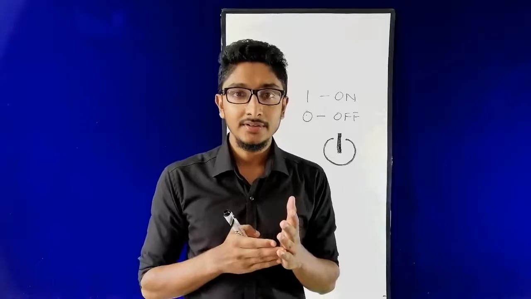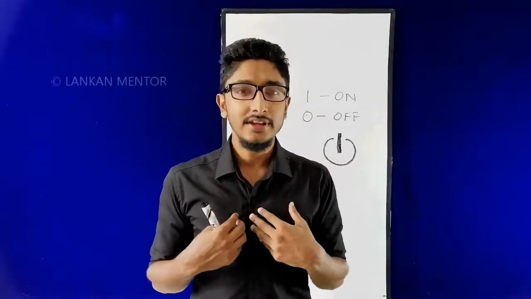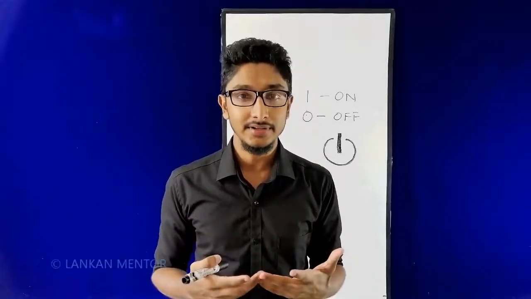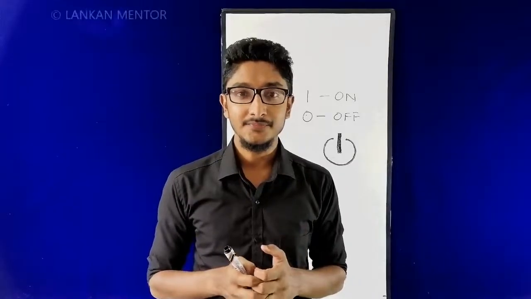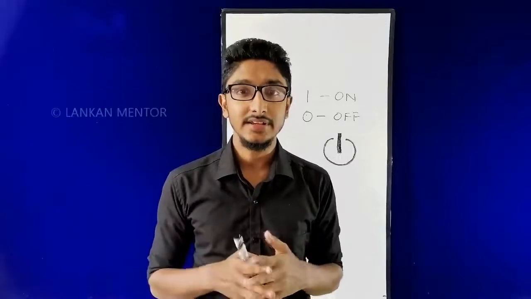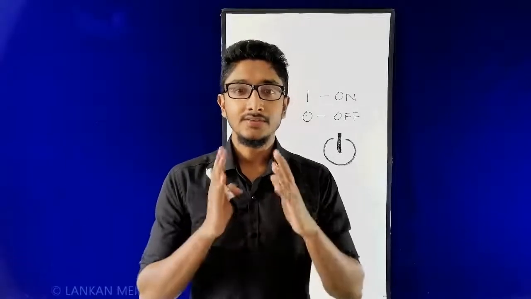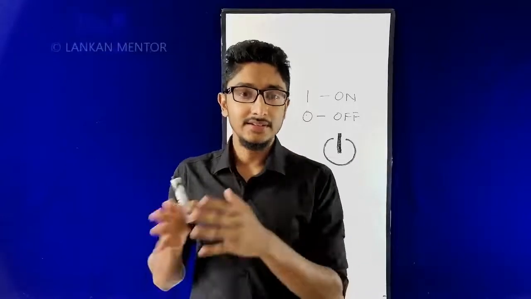So now, we as humans, we know a lot of languages. Now take English for example. English has 26 alphabets, A, B, C, D, E, to X, Y, Z. This alphabet is the basic thing.